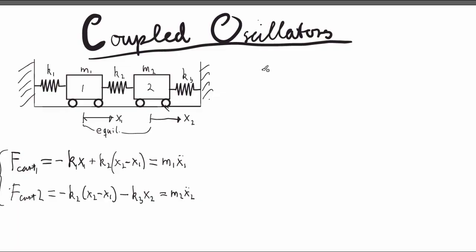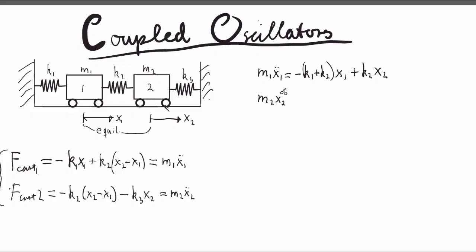What we'll get is just m1 x1 double dot equals minus k1 plus k2 times x1 plus k2 times x2. So what I've done here, it's the same equation that we have down here. I just rearranged it so that I get the terms proportional to x1 together. So keep those together.